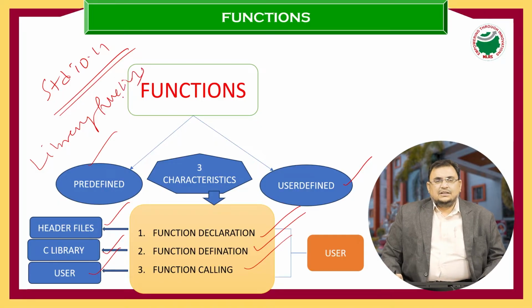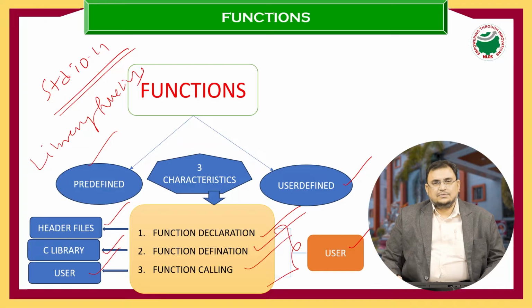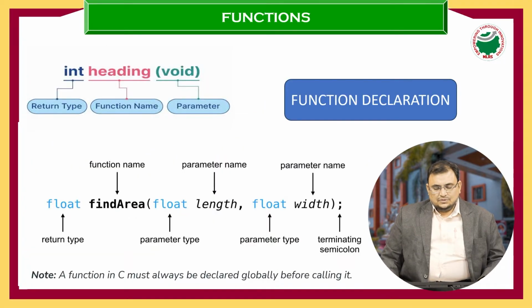Coming to the user-defined function, for function declaration, function definition, and function calling, the user is responsible for all three. Because of that, it is called a user-defined function. We are interested in user-defined functions. So how do you declare a user-defined function?